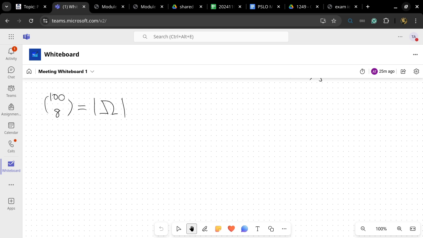So 69 choose 5 is the total number of lotto tickets, not accounting for the Powerball number, because the Powerball number is completely separate from those 5 numbers. Okay, so now what about the event set? What makes it into the event set? We'll say X is an element of the event set if and only if what?